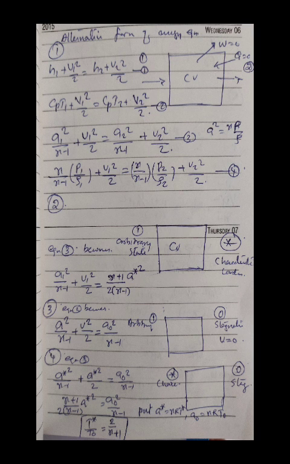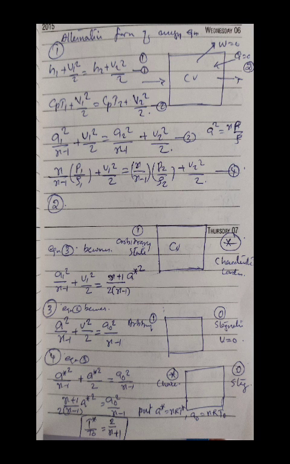So the equation becomes A1 square by gamma minus 1 plus V1 square by 2 is equal to, at the characteristic condition, A2 and V2 are the same. At the characteristic condition M is equal to 1, so A2 is equal to V2, or A star is equal to V star.